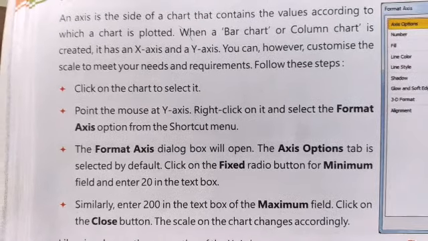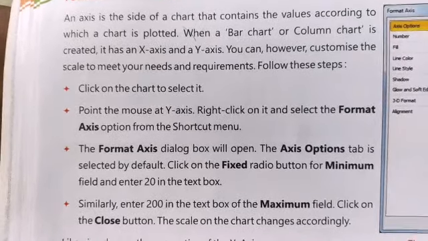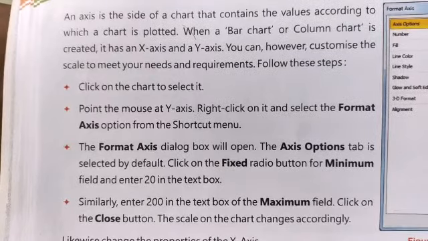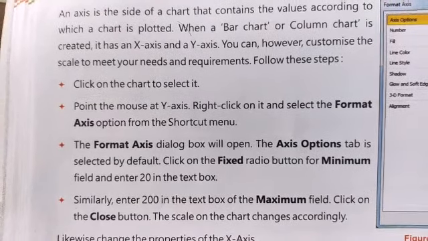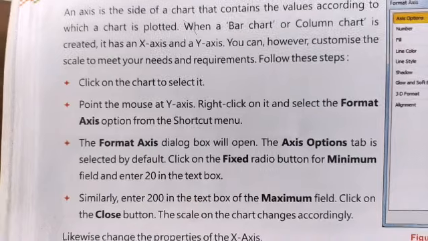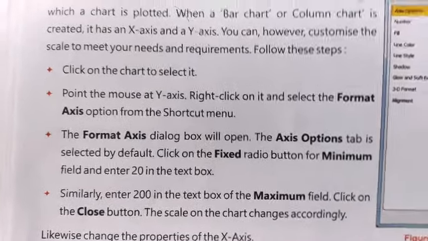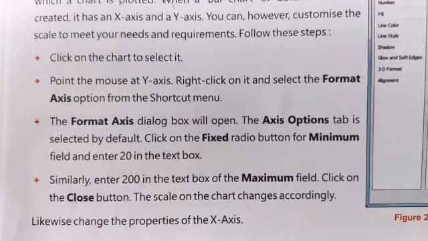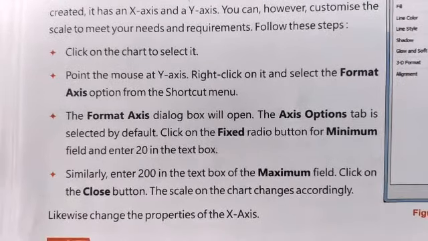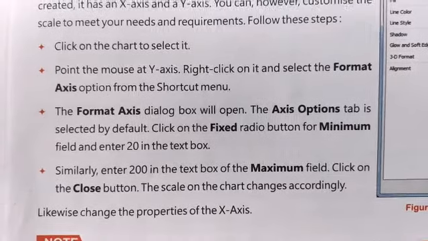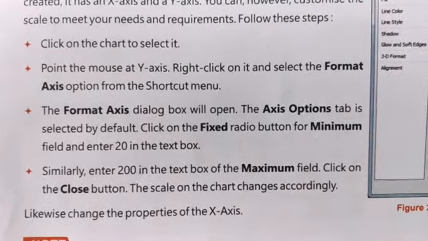Click the Fixed radio button beside the Minimum field and enter 20 in the text box. Similarly, enter 200 in the text box of the Maximum field. Click on the Close button. The scale on the chart changes accordingly, likewise the change in the properties of the x-axis.